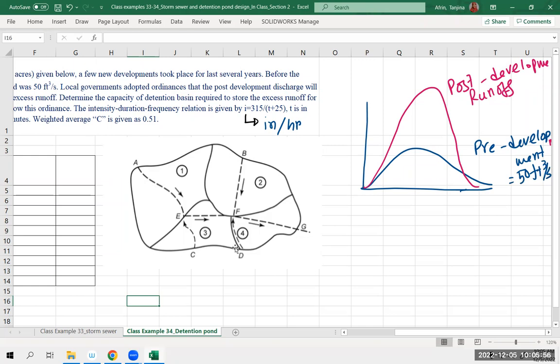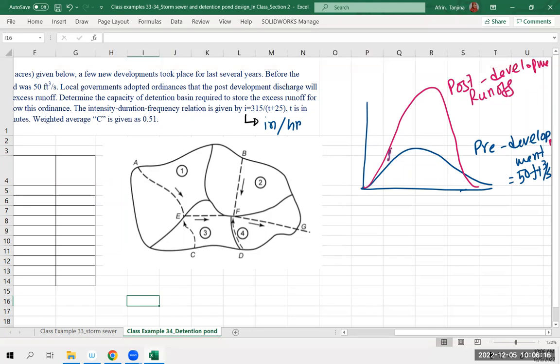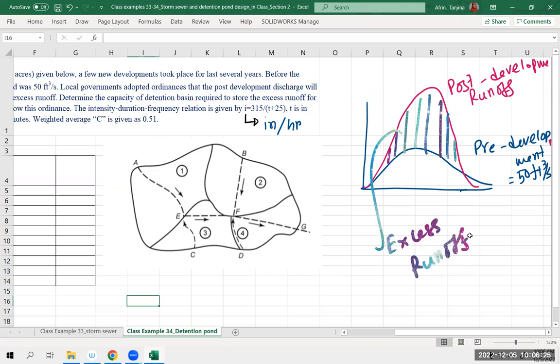And the city ordinance requires that for any construction you are making, you can't add any new runoff. Since you are building something, you need to take care of the excess water. So as an engineer or owner, you need to take care of this excess runoff.